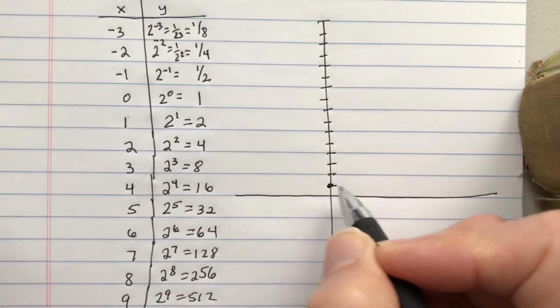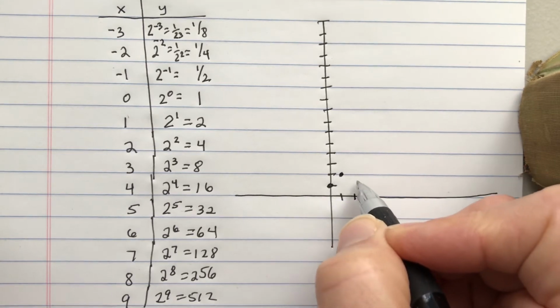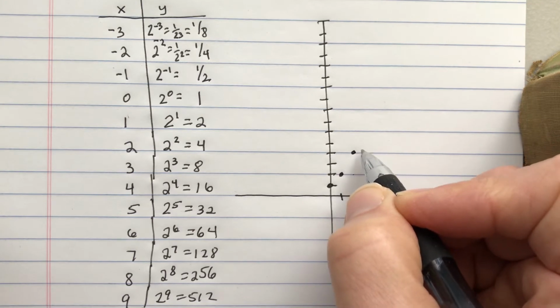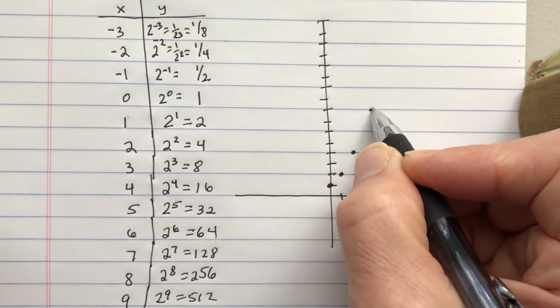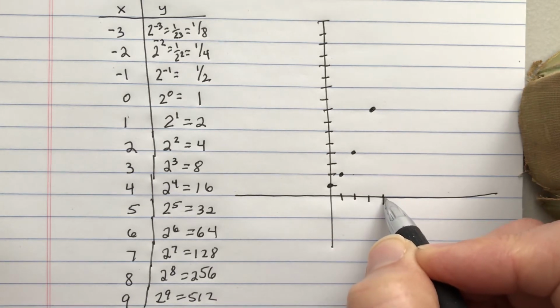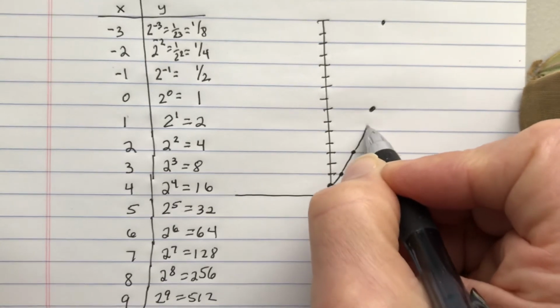So it's 0, I get 1. At 1, I get 2. At 2, I have 4. 3, 8. And then 4, 16 is already up here. This graph grows really quickly.